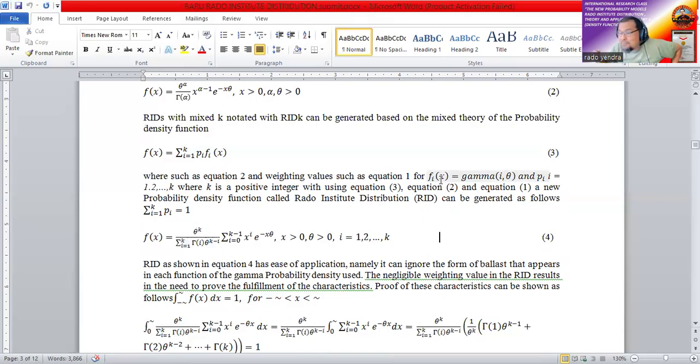For this time, we will end the discussion of how to prove that equation 4, or the Rama Indra distribution density function, is a correct density function. We can highlight our discussion today. The Rama Indra distribution is a correct density function.